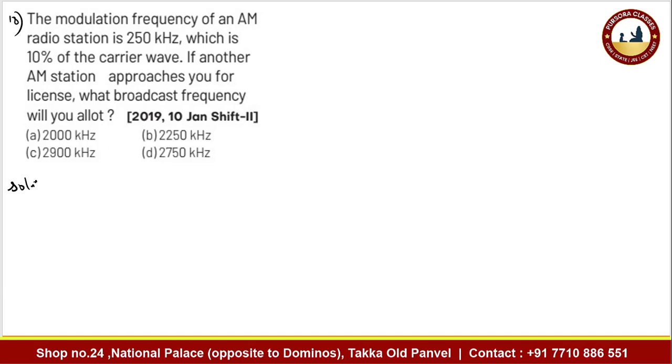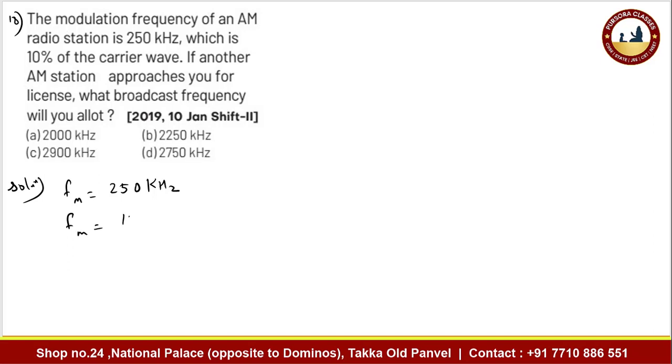In this question, the modulating frequency of an AM radio station is 250 kilohertz, which is 10% of the carrier wave.